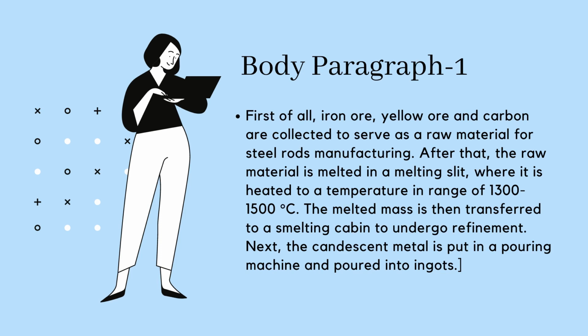The melted mass is then transferred to a smelting cabin to undergo refinement. Next, the condensed metal is put in a pouring machine and poured into ingots.